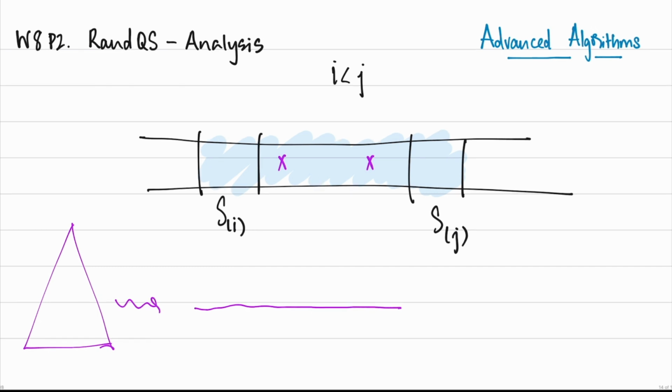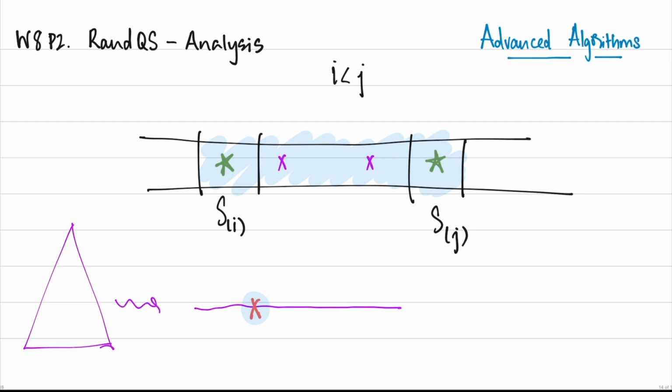And now in this permutation, I want to mark out the first occurrence of an element from this range, whatever that might be. And the question that we are interested in is whether this element is one of Si or Sj, or is it not?